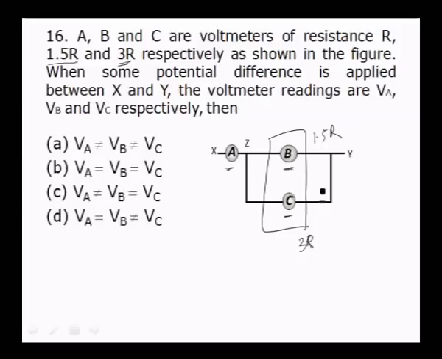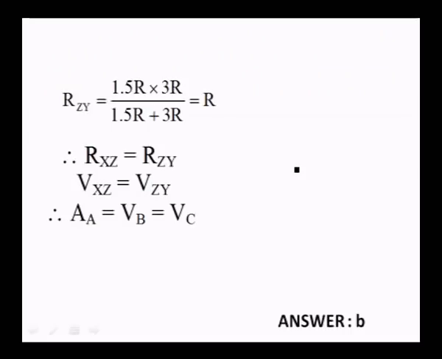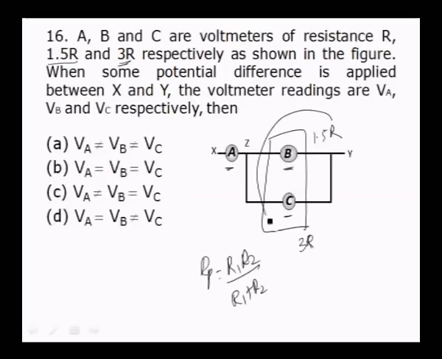Find out the effective resistance of this combination by taking the help of Rp is equal to R1 R2 divided by R1 plus R2. So, this is R1 and this is R2 and this is R1 plus R2. By making all the simplification, the value is equal to R. The total resistance of these two is equal to R.